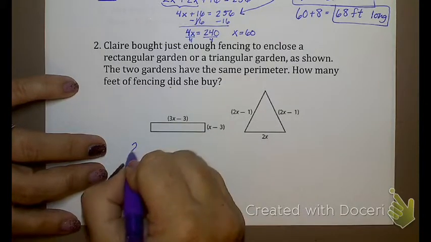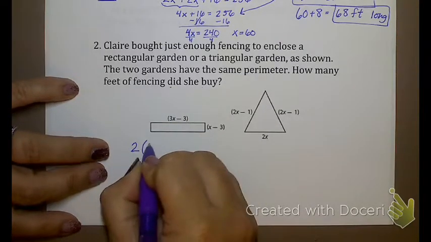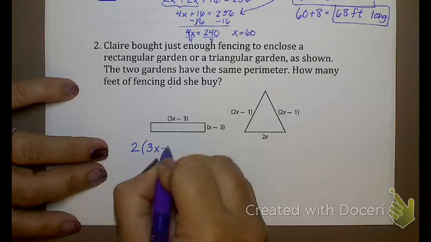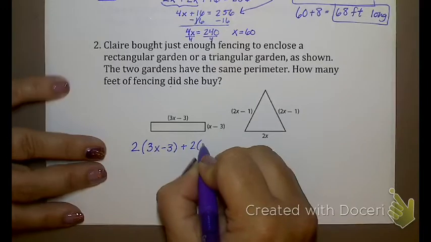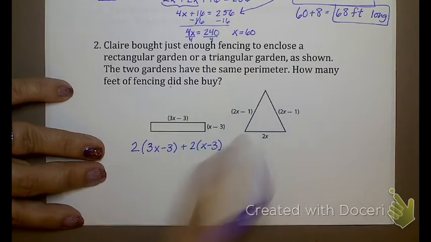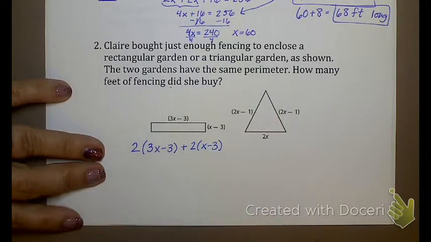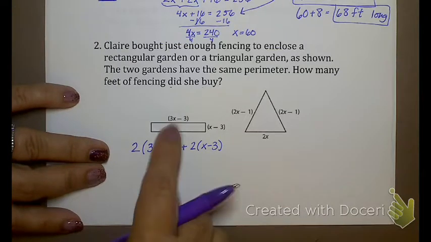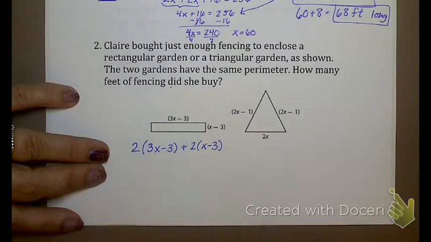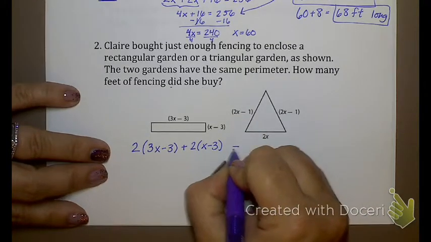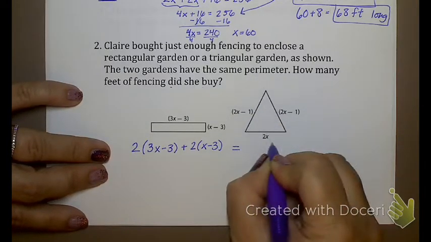I would say 2 times what? 3x minus 3 plus 2 times what? X minus 3. That represents the perimeter of this rectangle. Yes? Or I could say 3x minus 3 plus 3x minus 3 plus x minus 3 plus x minus 3. It is equal to the perimeter of this. How do I find the perimeter of the triangle?